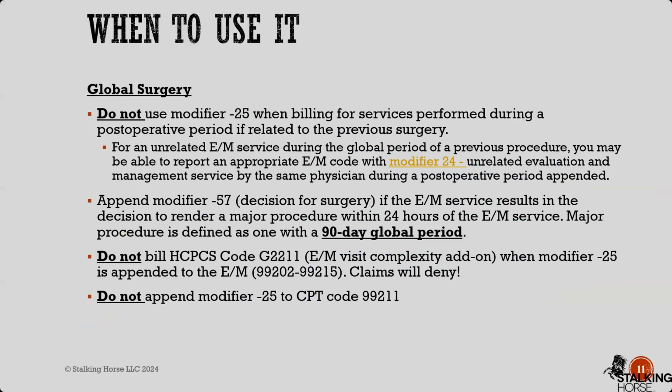They will deny the G2211 if there's a modifier 25 on your evaluation and management code. So that's just a tip. Just remember that. Now, if you're curious about the G2211, we do have another webinar available on that topic specifically that goes into detail on when to use that and gives some documentation examples as well.